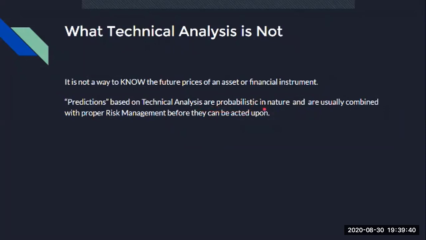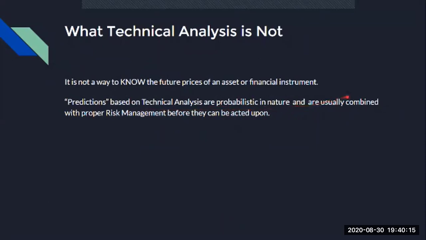I will explain more as we look at live price charts and get more into the theory. You assign those predictions a probability. Oh, on a scale of 1 to 10, I give this a 5, that's 50-50, a 50% chance of this trade or this asset going up or coming down. So predictions based on technical analysis are probabilistic in nature.